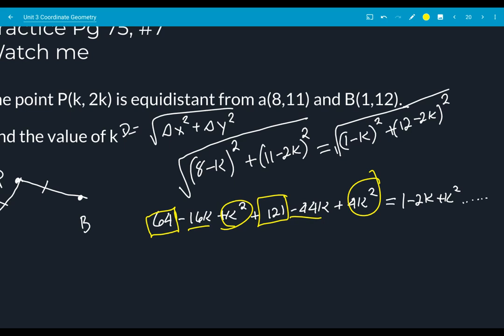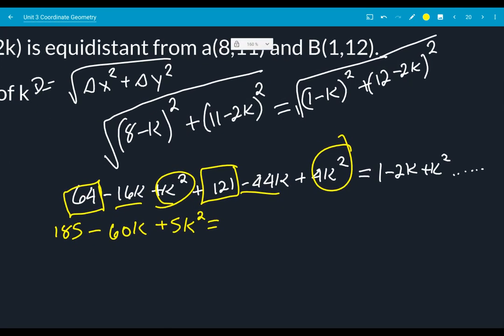So 185 minus 60k plus 5k squared is going to be equal to, squeezing over here, 144, 48k, and 4k squared, which is 145 minus 50k plus 5k squared.